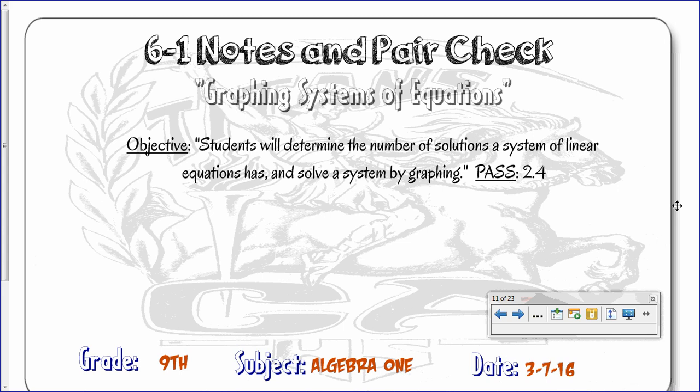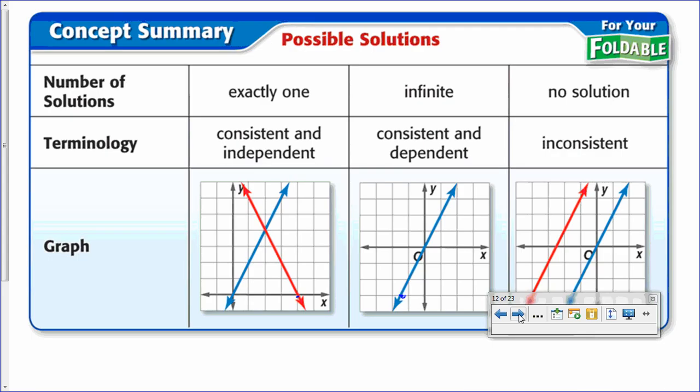Okay, did you guys get the objective down? Skills 2.4. Okay, so basically, when we start talking about systems, we've done graphing, all chapter 4, right? When we start talking about systems, we're talking about how many lines? 2 at least, maybe more, okay?